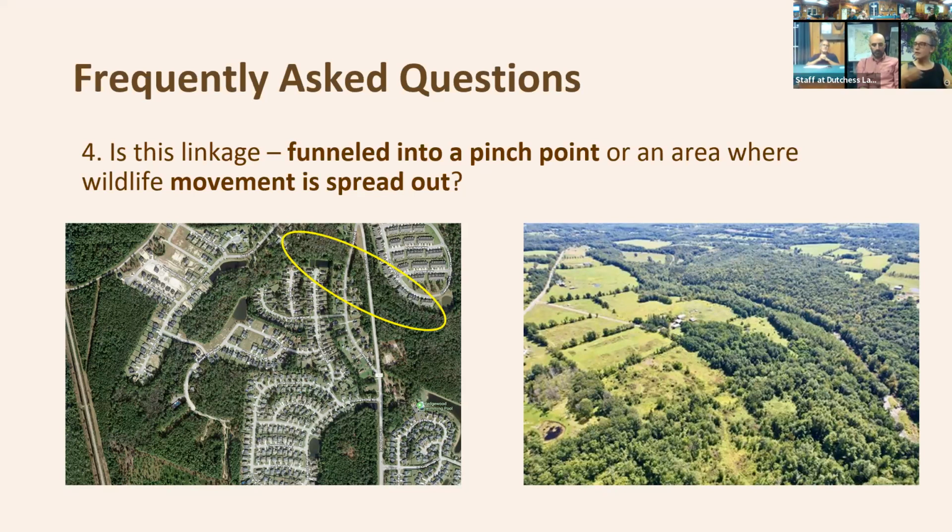So farmland's a little bit interesting, but for the most part, landscapes like this one are going to be fairly wide open. So I was doing this exercise in Columbia County, and people looked at me like I had 10 heads when we asked this question. And I think it's very similar, especially in this part of Dutchess County. So this is sort of what we're thinking when we think about whether things are funneled into a pinch point or spread out.